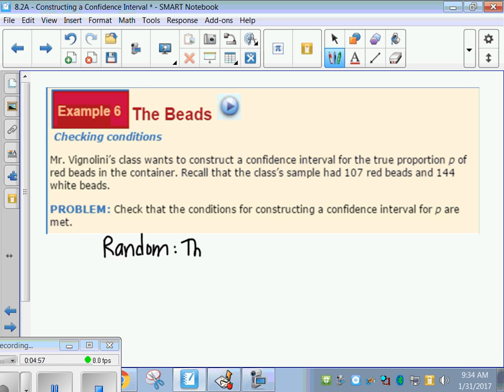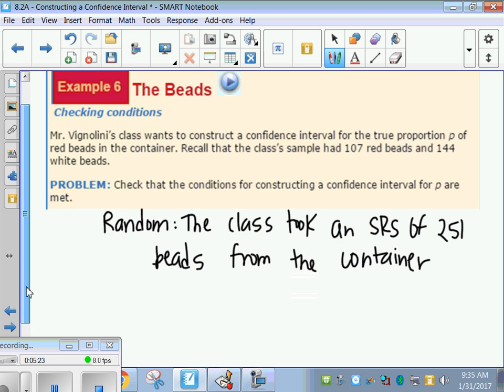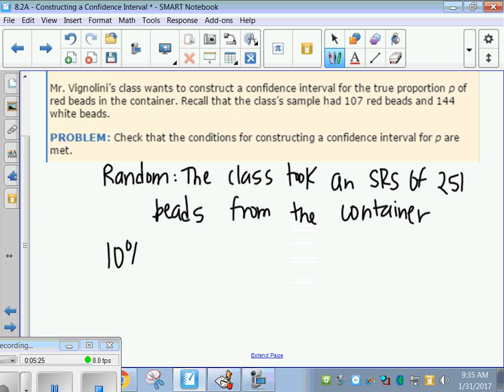Yes, because the class took a simple random sample, SRS, just in case you're wondering, of 251 beads from the container. So write a short sentence to say why it's random or not random. And then we're going to check the 10% condition. So how many beads, what was our n? How many did we pull out of the bag?